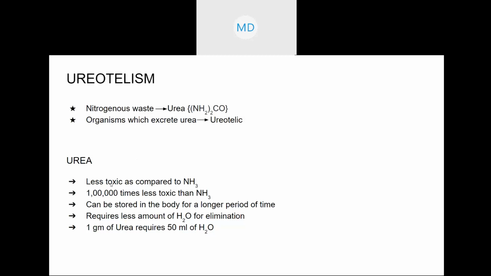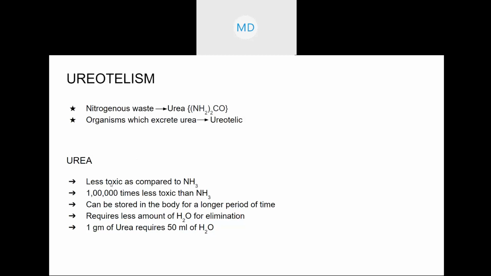What was the measurement? 1 gram of ammonia requires almost 300 to 500 ml, almost half a liter, of water to excrete. Therefore urea requires less.